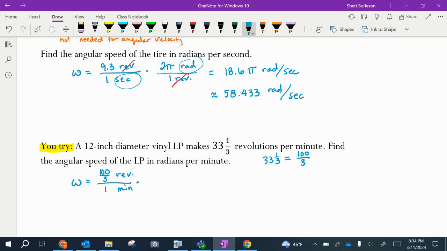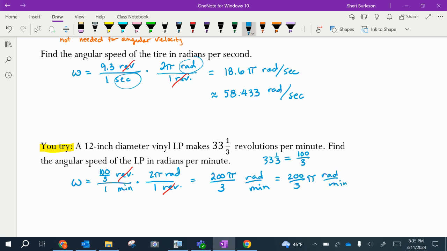So I have my revolutions per minute, and now I need to multiply by 2 pi radians per 1 revolution. My revolutions divide out. Multiplying across the top, I get 200 pi, and across the bottom, 3 times 1. That's 200 thirds pi radians per minute, or 200 pi over 3. I can write it that way, or as 200 thirds times pi radians per minute.